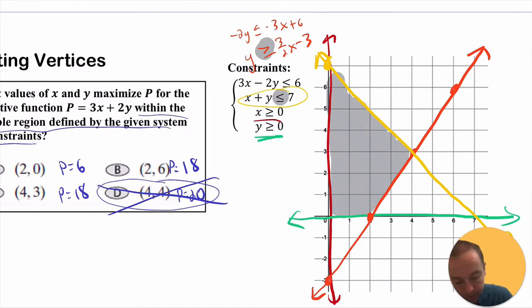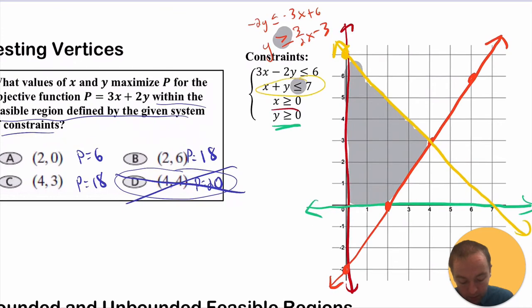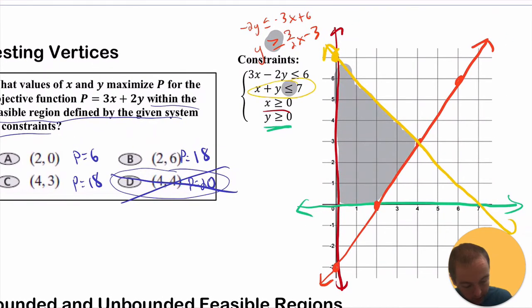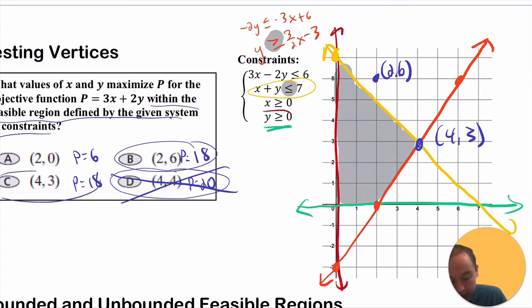And so based on what we're seeing among the remaining options here, for example, the point (2,6) is going to be right there, and then we also see the point (4,3) is going to be right there, of option B and of option C. And clearly option B is outside of the feasible region, and so it's not going to be able to satisfy the system of constraints, so we can rule that out.